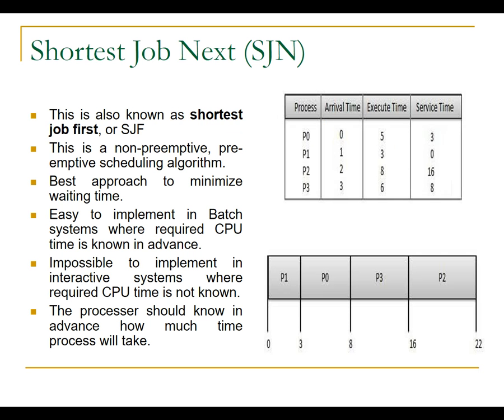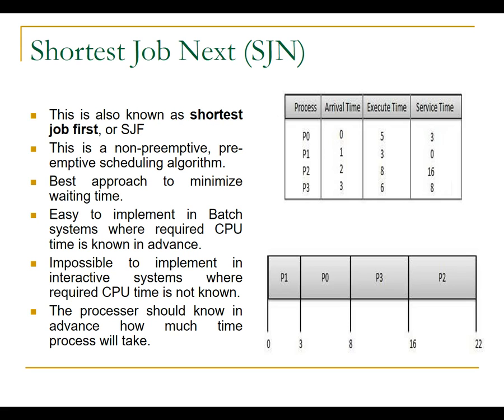This is removed in the development of the algorithm by introducing a newer concept called shortest job next. This is actually the implementation of an algorithm by considering the disadvantage of the first come first serve algorithm. In short, shortest job next is also called SJN.